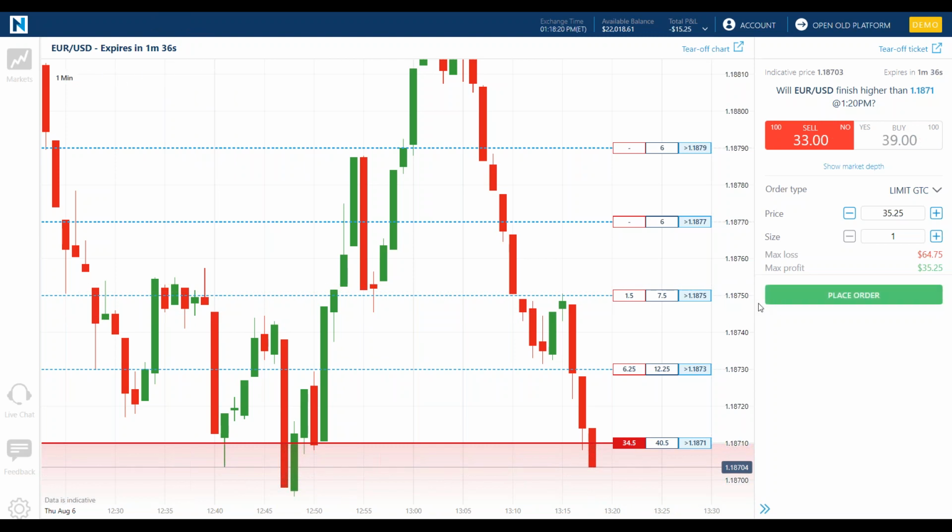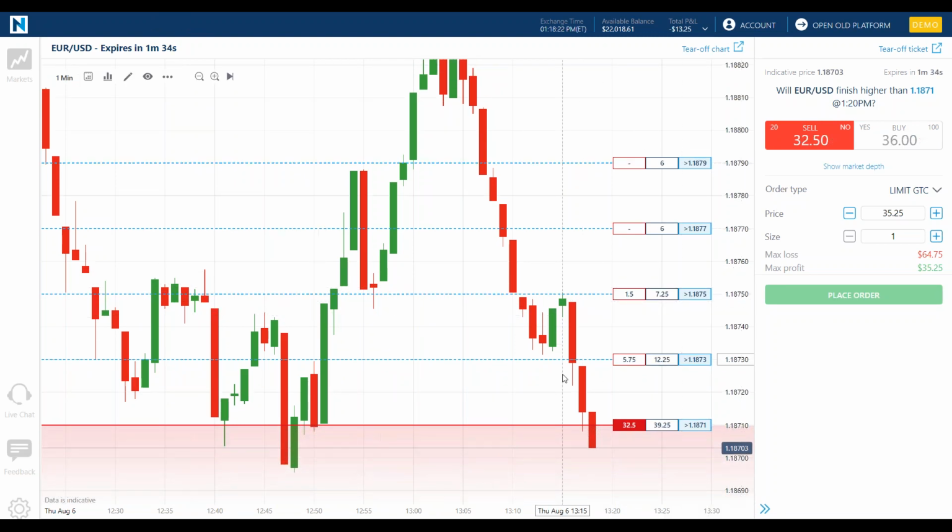And when we started this particular one, there weren't other options. So these all are probably going to settle at 0. And there's a 35% probability that even this one, the 118.71, will also settle at 0.